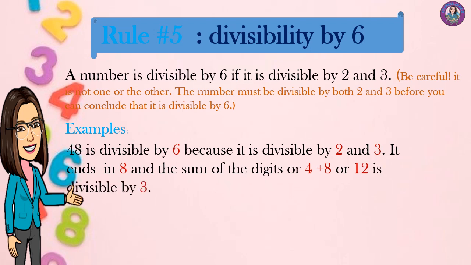Why? Because it is divisible by 2 and 3. It ends in 8, so it's divisible by 2. And the sum of the digits, 4 plus 8, is 12, and 12 is divisible by 3. Since it is divisible by both 2 and 3, 48 is divisible by 6.